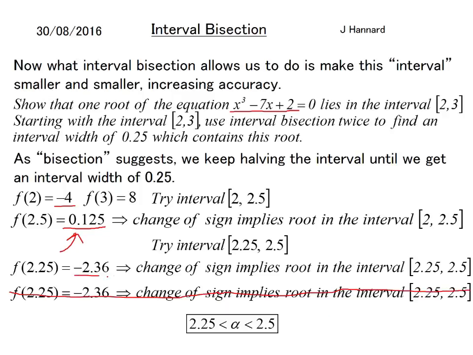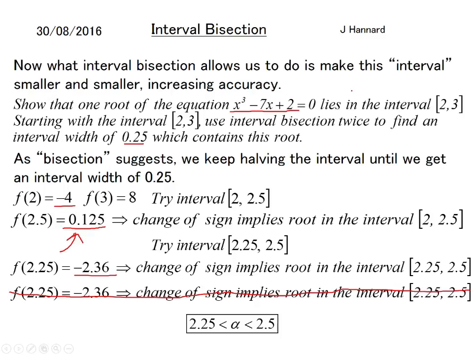And because you've got -2.36 and 0.125, there's a change of sign which implies that there's a root between 2.25 and 2.5. Therefore, the way you write it is 2.25 is less than alpha, which is our root, which is less than 2.5, and we've found an interval where the root definitely is of a width of 0.25, and that's all that there is to it.